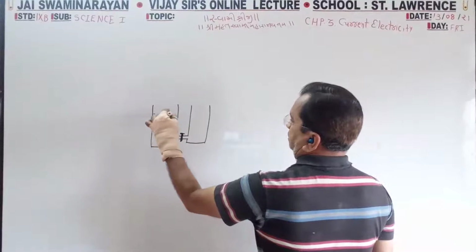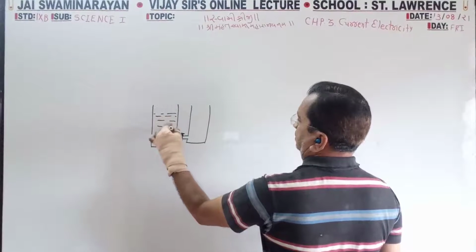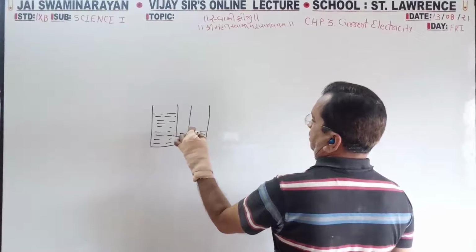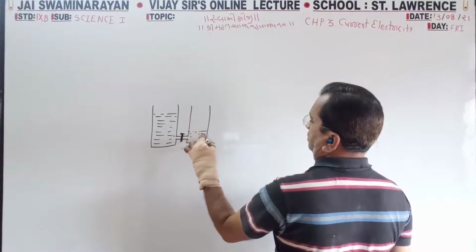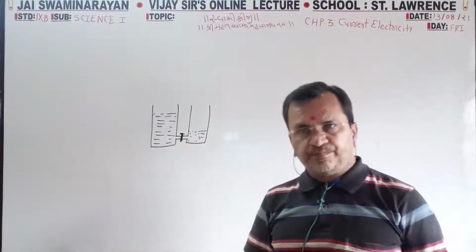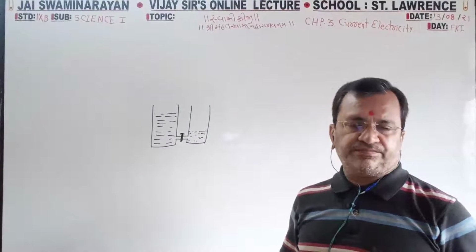Here the water is up to this level, and here the water is up to this level. The tap is off, means closed.